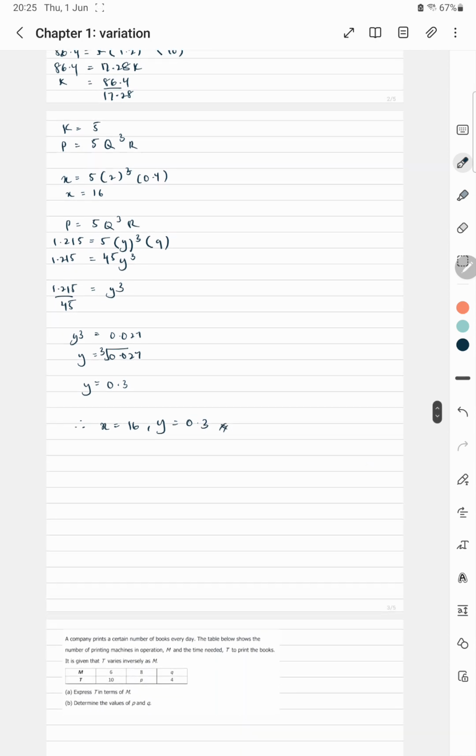Now let's take a look at inverse variation. In inverse variation there are a few different types of form, such as p varies inversely as q, p varies inversely as q squared, or p varies inversely as q times x squared.